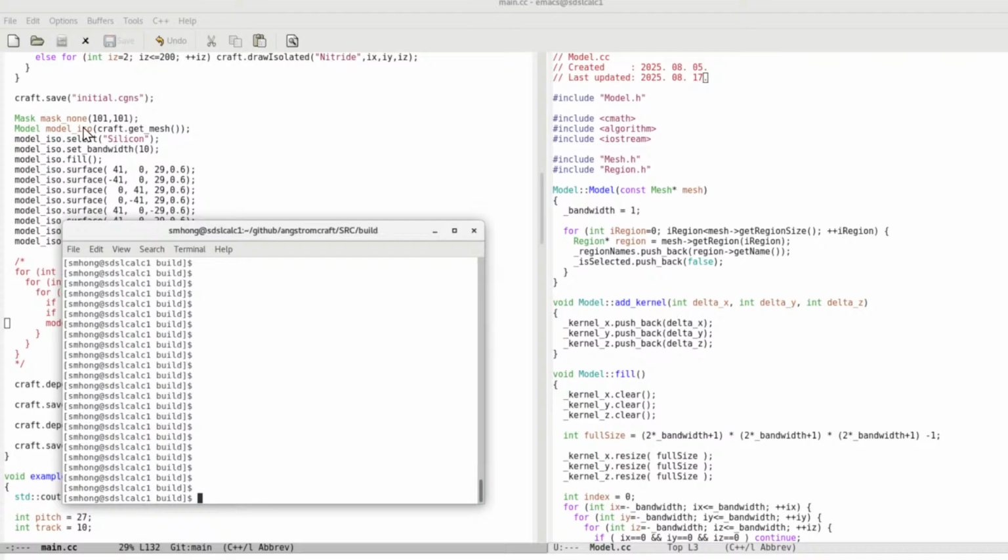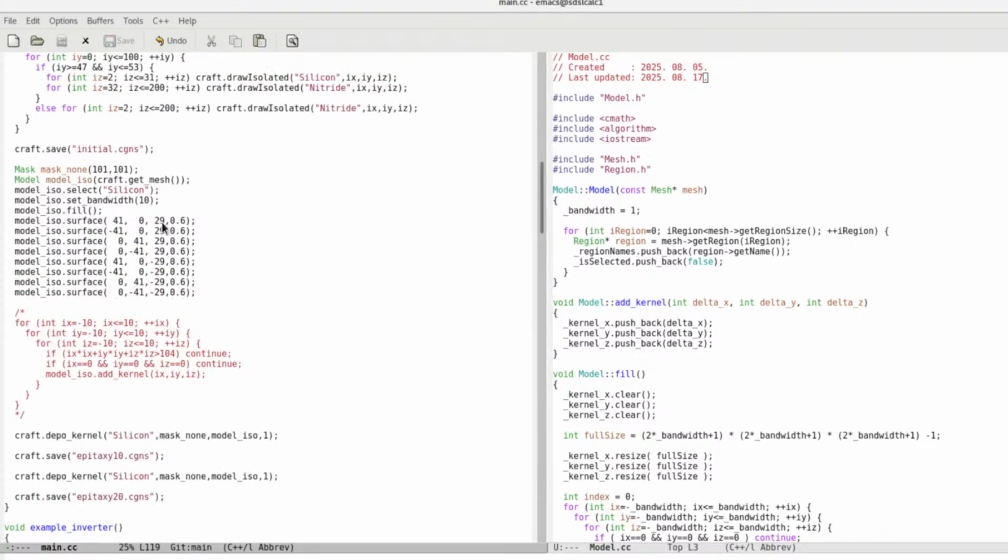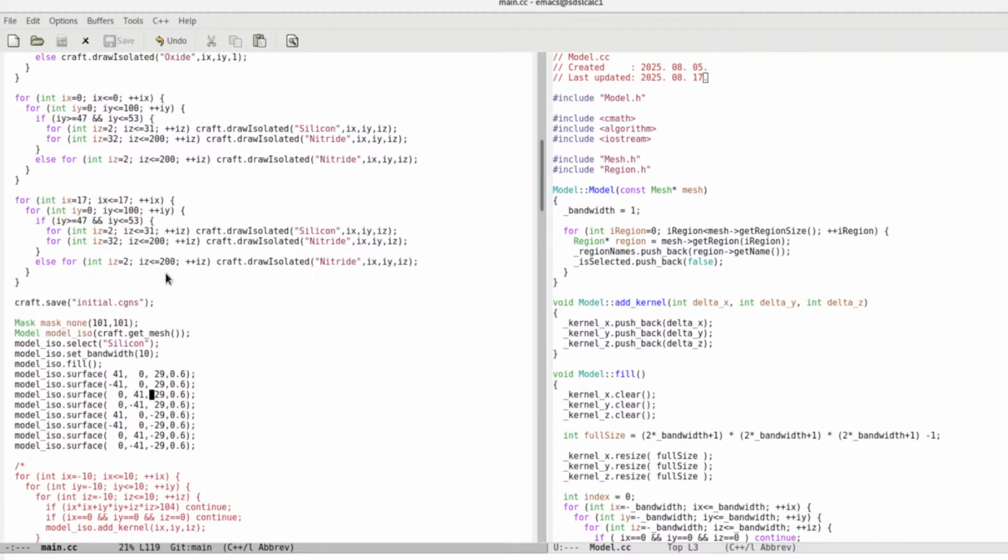However, in this code and AngstromCraft, everything is just aligned to the simulation coordinate system. Here x, y, z are not exactly equal to the 100, 010, 001 directions. Actually, this is tilted 45 degrees to match the most widely used coordinate system in microelectronics.